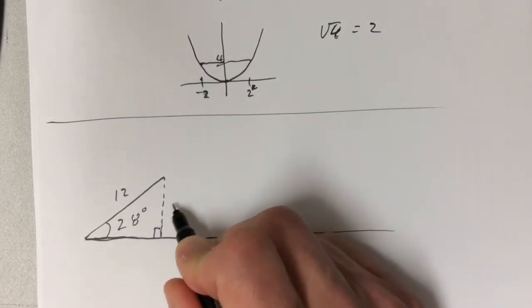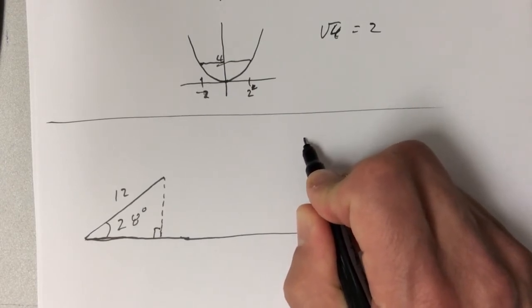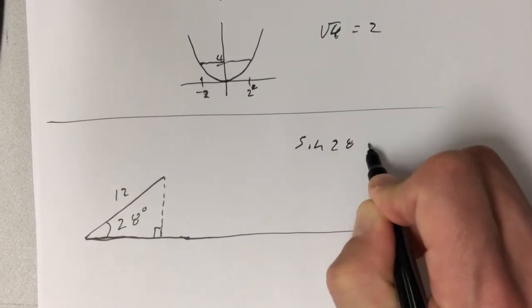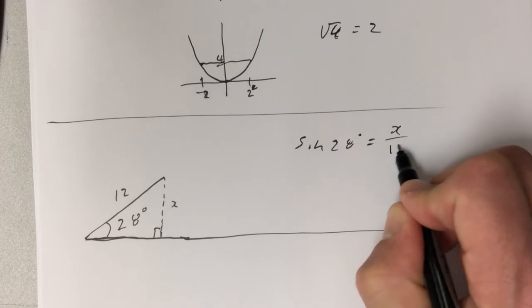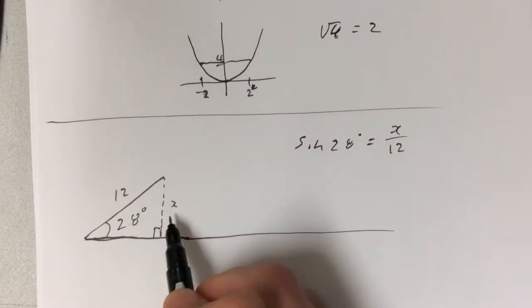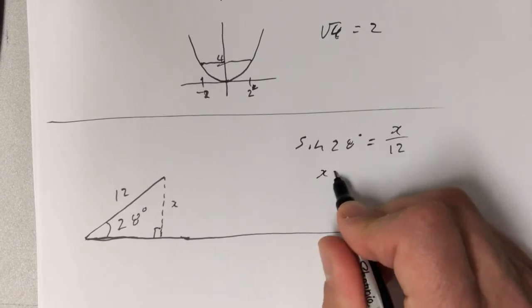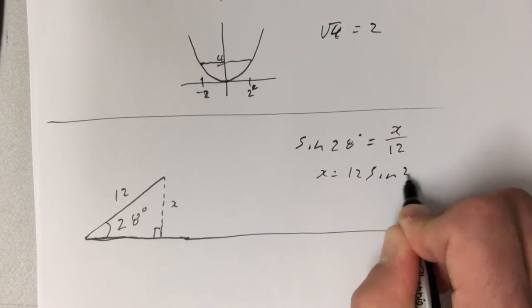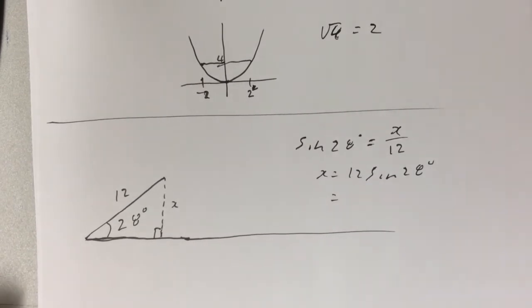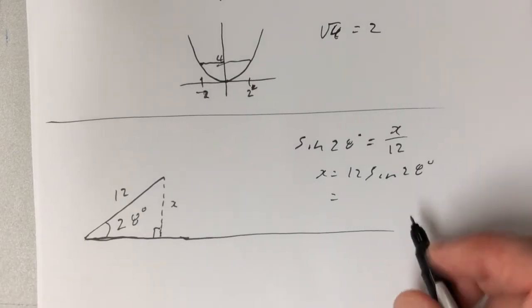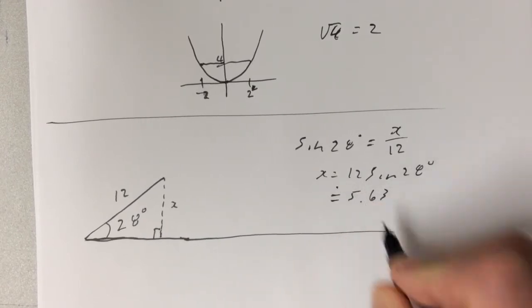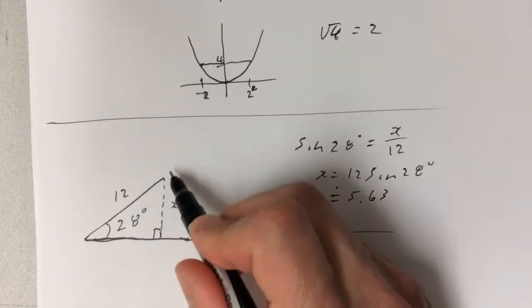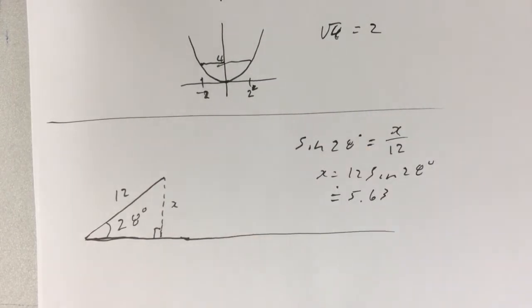So the shortest length here is, sine of 28, and we put x there, equals x over 12, because sine equals opposite over hypotenuse. And x equals 12 sine 28 degrees, which equals 5.63 approximately. So if this side length is 5.63, then we have a triangle.